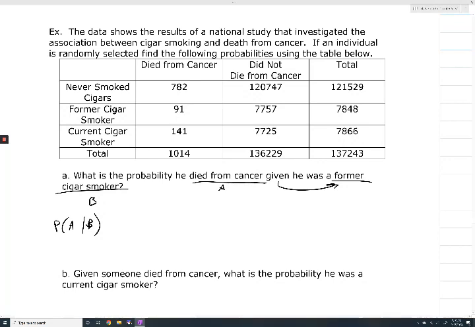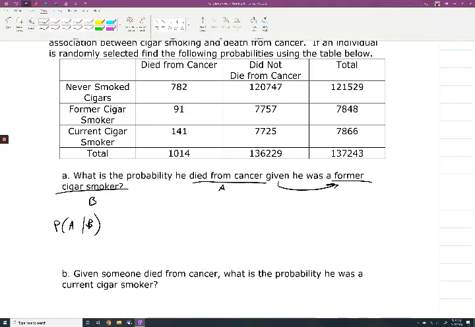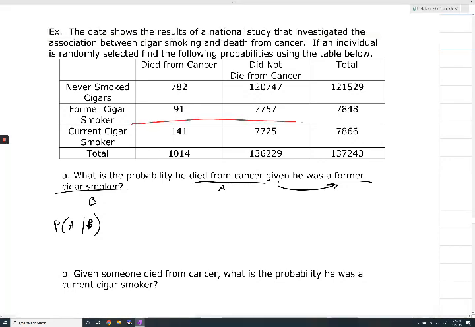So we know for a fact he was a former smoker, which means I'm only looking at that group of numbers, because those are the only numbers that involve former smokers. So how many people died of cancer?